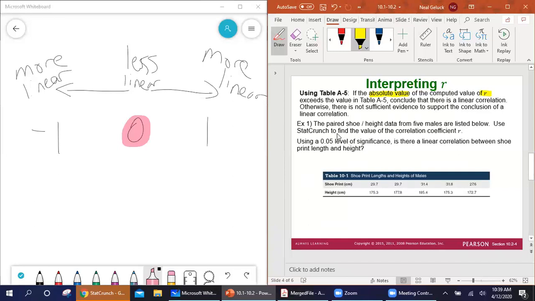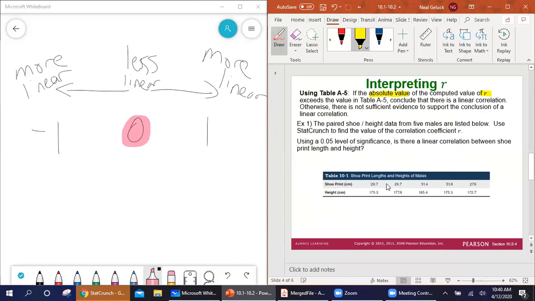So on example 1, we have data for the length of someone's shoe print in centimeters and their height. We're trying to figure out, is there a correlation basically between the size of your foot and how tall you are? We're using StatCrunch to do all this stuff.